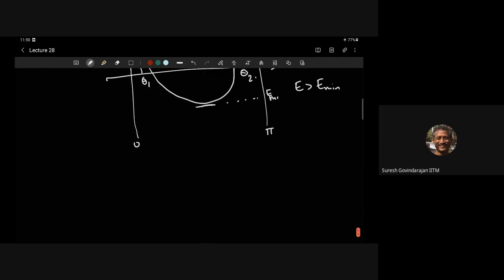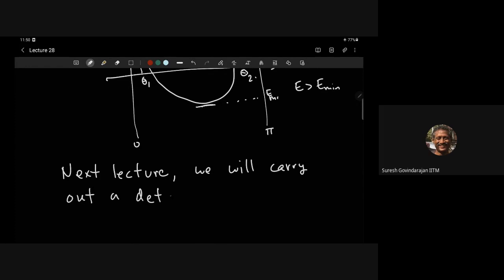What we will do next lecture is carry out a detailed analysis of the full motion. Here we have roughly, schematically, seen how theta dot varies.